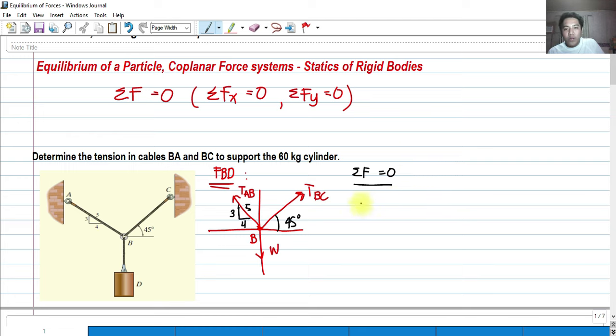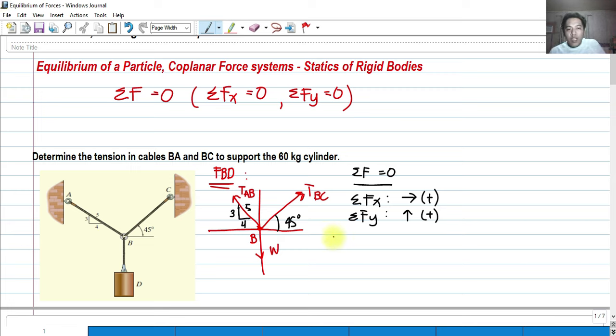So, we are going to get the summation of forces first along x, and that should equal 0. Our convention is that if it is going to the right, we label it as positive, and for summation of Fy, if it's going upward, we label it as positive. It doesn't matter what your convention is, but we are used to right being positive and upward being positive, then the opposite sign for the reverse directions.